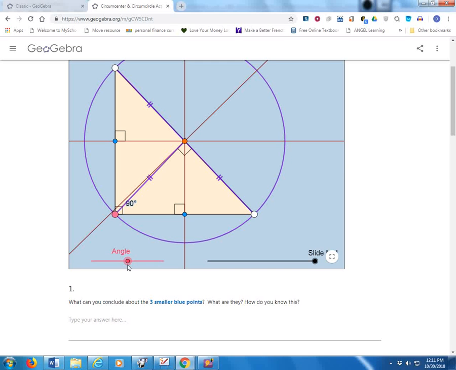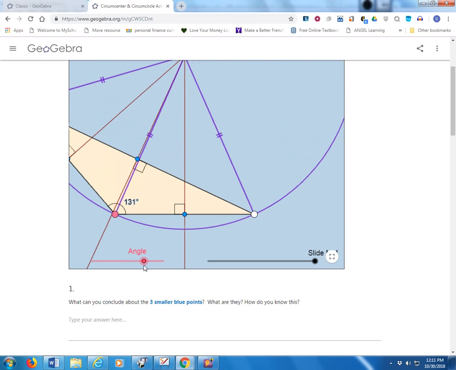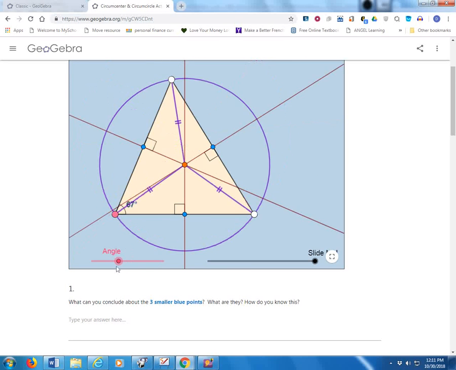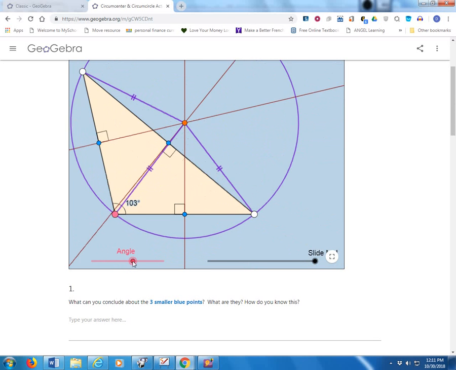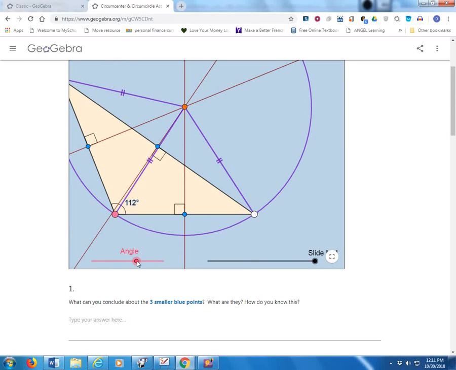When it's obtuse, as we keep going, look how the circumcenter just gets bigger and bigger outside. So acute is inside, right angle is on, and obtuse angle, the circumcenter is located outside. Regardless, though, once you find the circumcenter, you can still draw those three lines to the vertices, and those three lines will be equal, no matter where it's located.